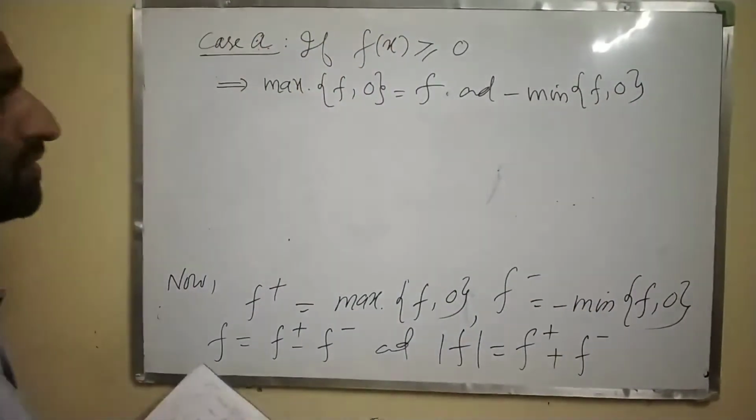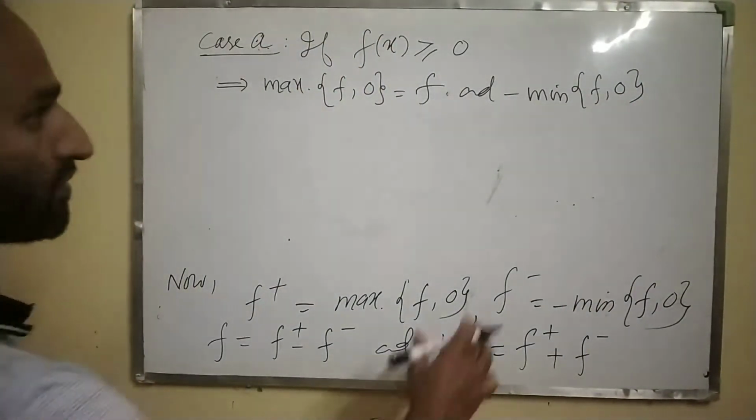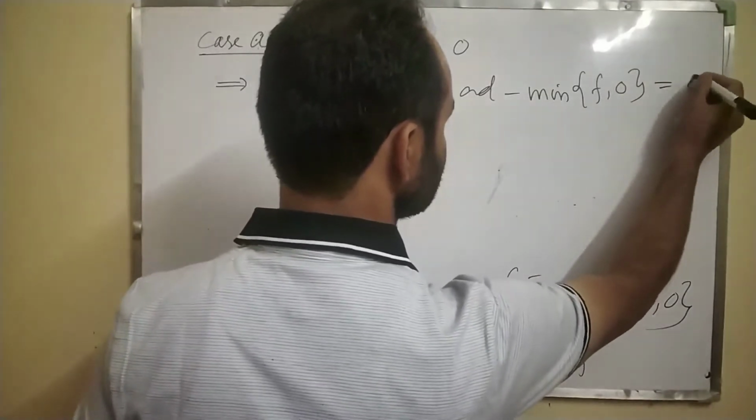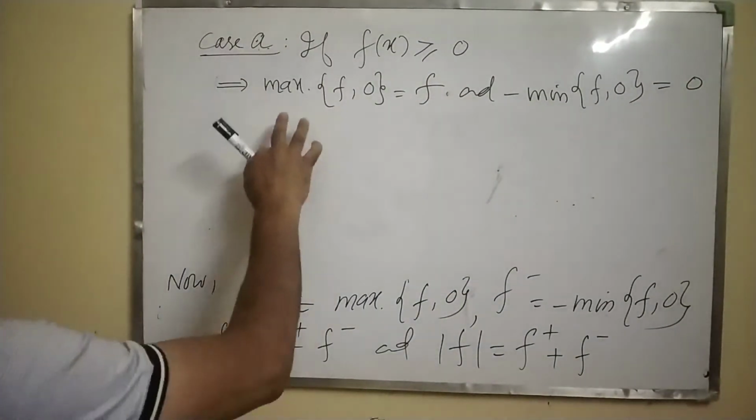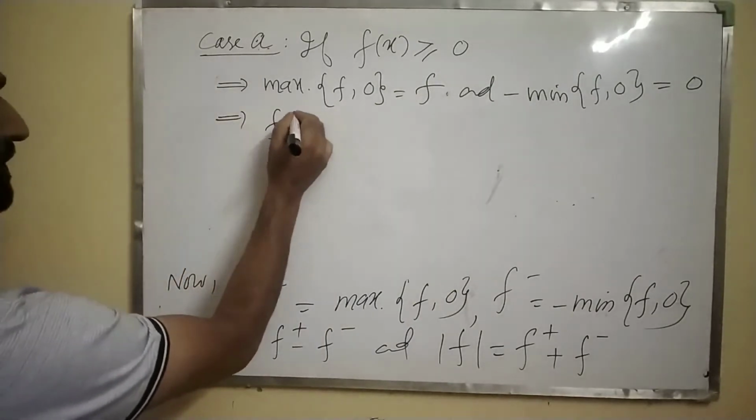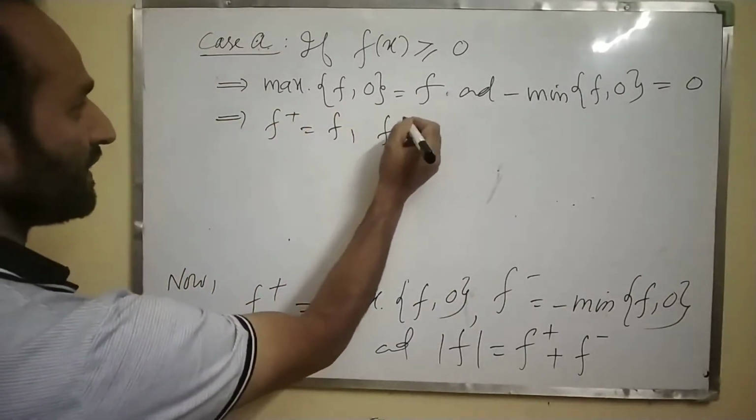What's the minimum of f comma 0? Since f is greater or equal to 0, the minimum is 0, so it's minus 0, which is equal to 0. Okay, so that means f plus is f and f minus is 0.